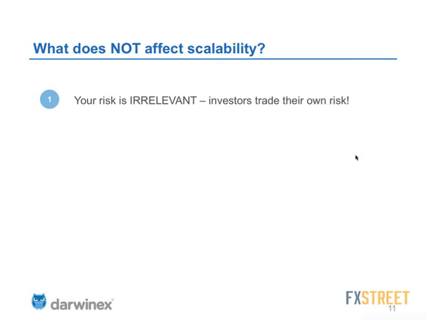Toxic flow is a very polite way of saying that given the choice between catering to a lot of retail traders who lose money and therefore, because I'm taking the other side of the trades, make me money, and picking against traders who win money, I prefer to go with the losers because that way I win. So unfortunately, that is the case.